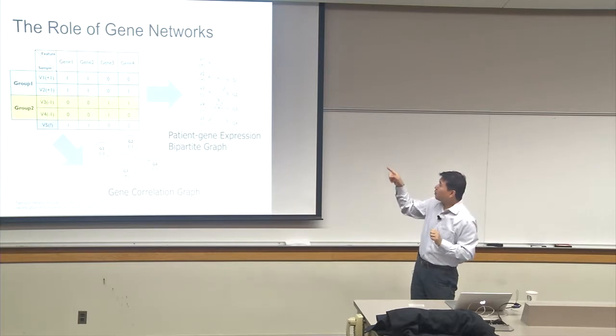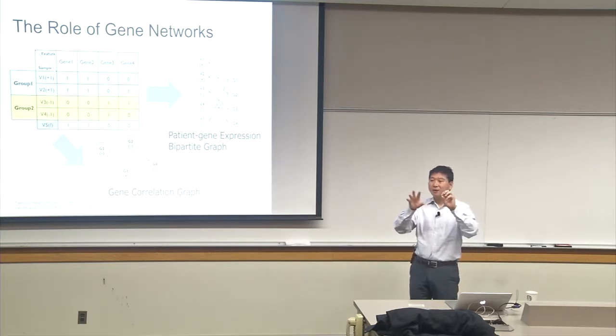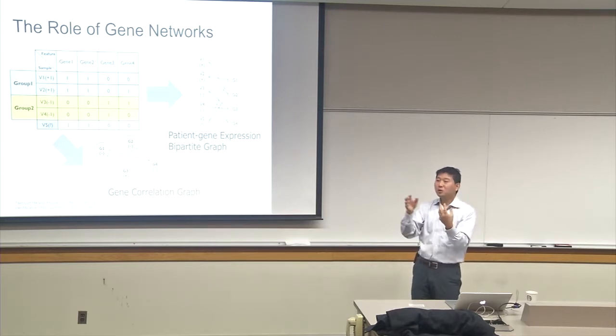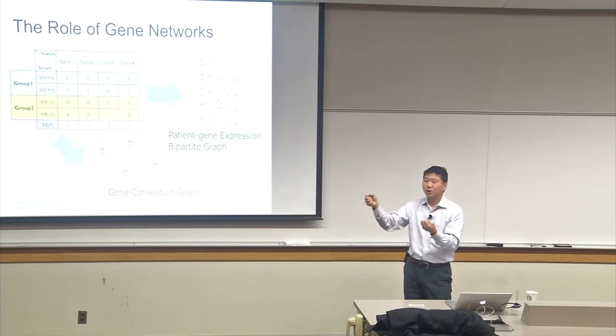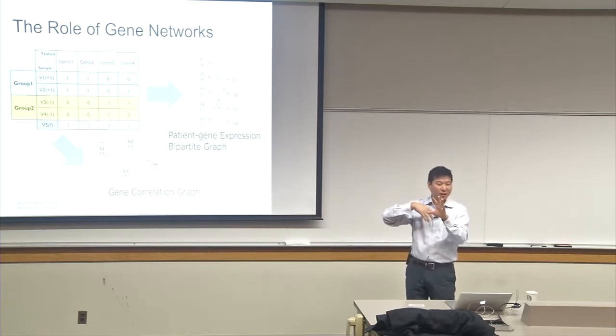We build a graph, and the graph contains the information about the group of genes. When you try to identify which gene is important, you look at all the genes that are relevant to this gene, and then you summarize this information with an algorithm.